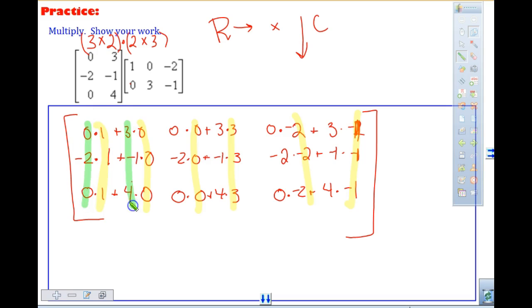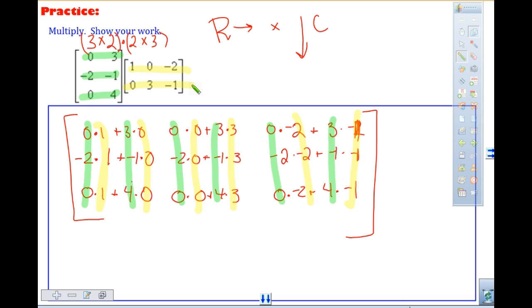The first numbers, where are those coming from? Those are here, right? So that's where you're kind of doing that distributive. The yellow ones, that second number, and you're just going down that, going across, okay?